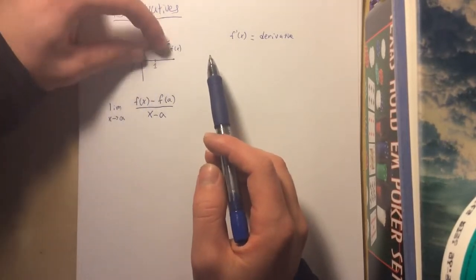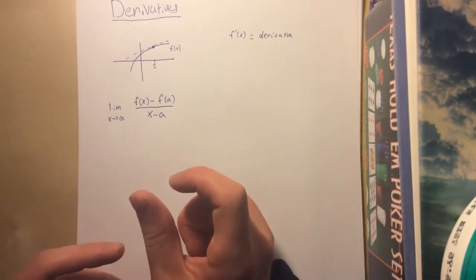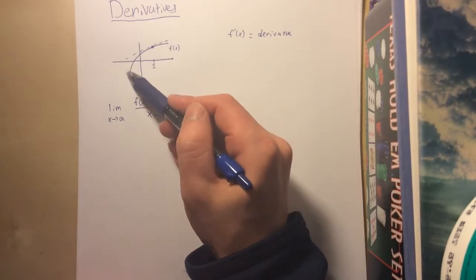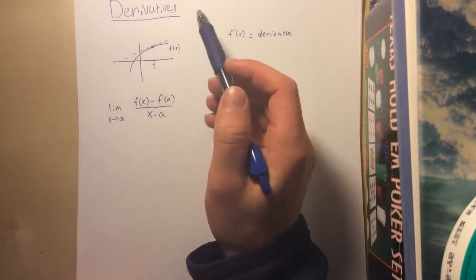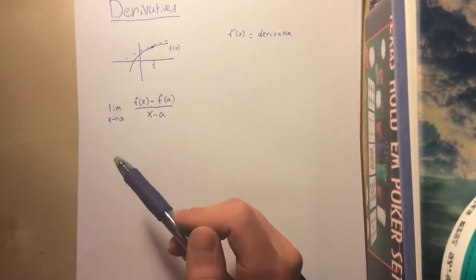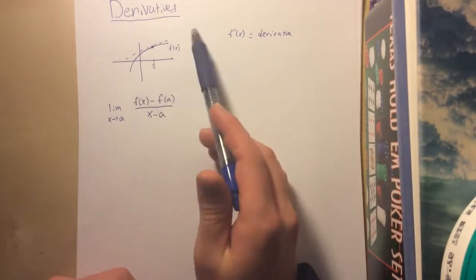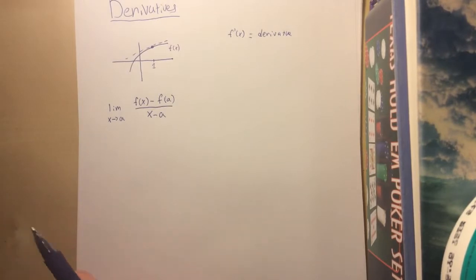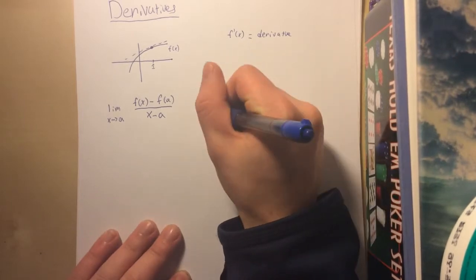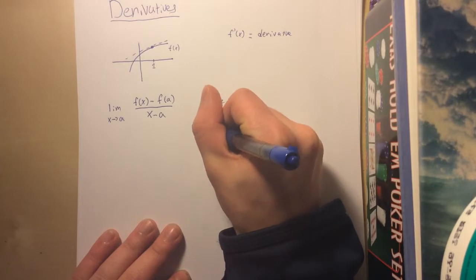So what we're doing is zooming into this point and having a tiny change in x and a tiny change in y, and we get to a point where our function, even though it's curved, once we zoom in enough, it'll look linear, and that's where we evaluate it at the limit, where it is linear, and that'll give us the slope of that tangent line at that point a. So this is the slope of the tangent line at a.